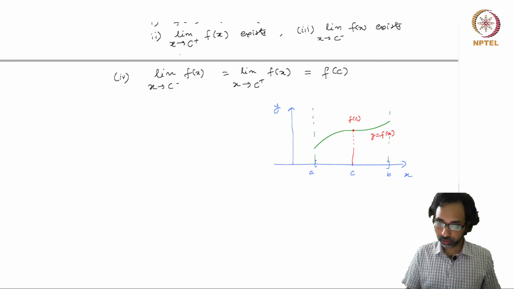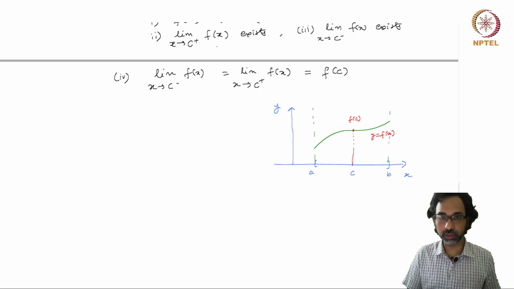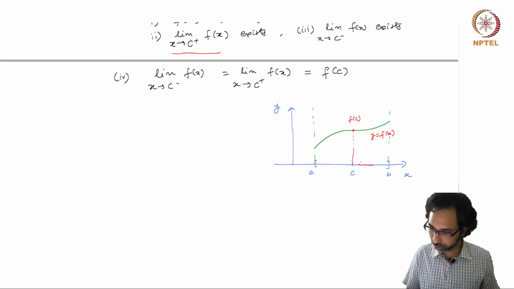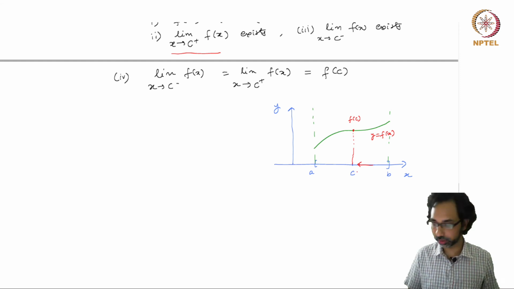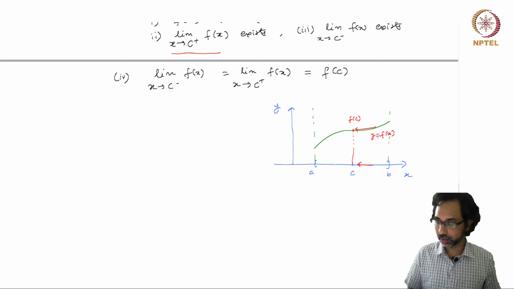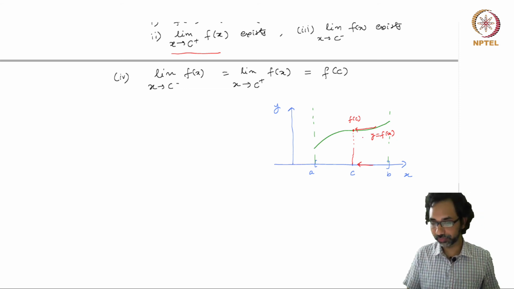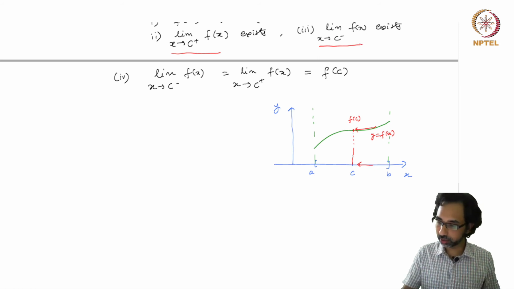The second condition says that the limit as x tends to c plus of f(x) exists, which means that when you approach c from the right hand side, from values greater than c, then the corresponding limit as you traverse this graph of f(x) also exists. The third condition says that the limit as x tends to c minus, from the left hand side, also exists.